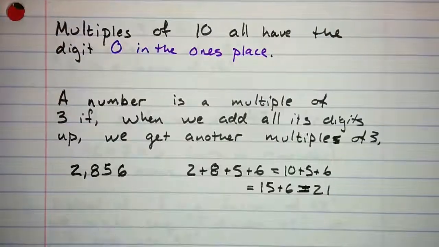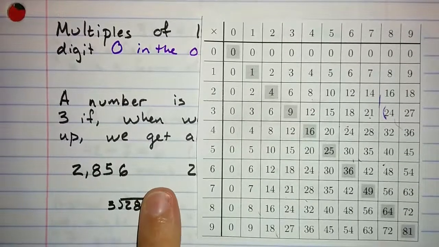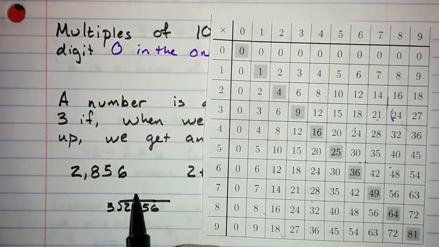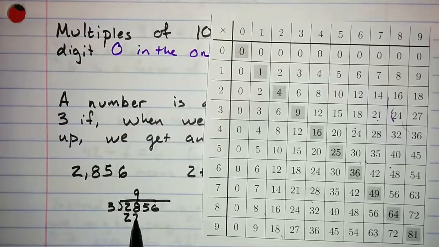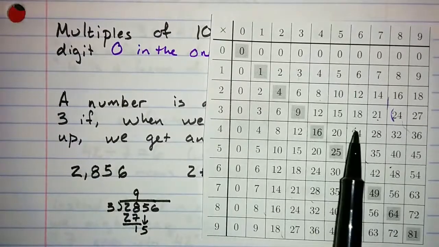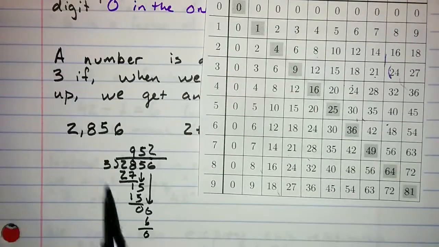21 is a multiple of 3. So this number must be also. Don't believe me? Let's check. 3 doesn't go into 2, but it goes into 28 9 times. Three goes into 15 5 times, and 3 goes into 6 twice.